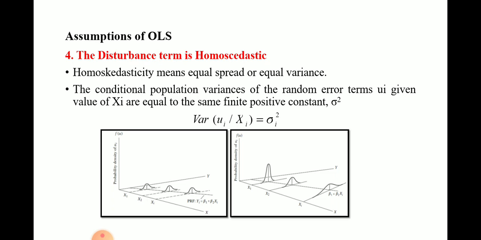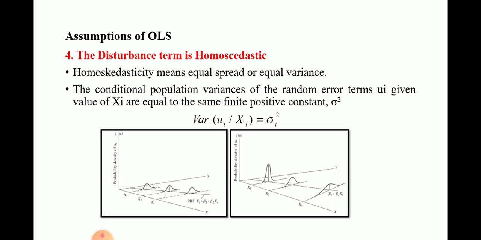So how can we depict this using a graph? Look at the first graph: x1, x2, x3. These are all different income groups, or different values of xi. If you draw a distribution, you can see that the widths of the distributions are the same. But when you look at the second graph, you can see that the distributions vary in terms of variance.